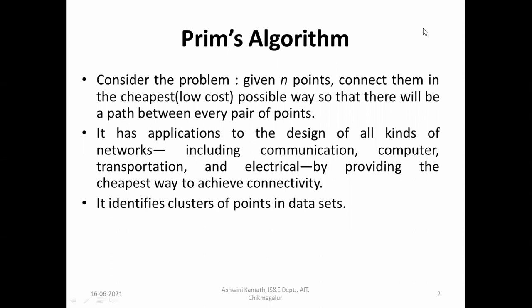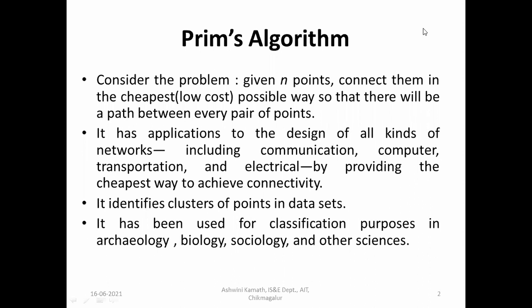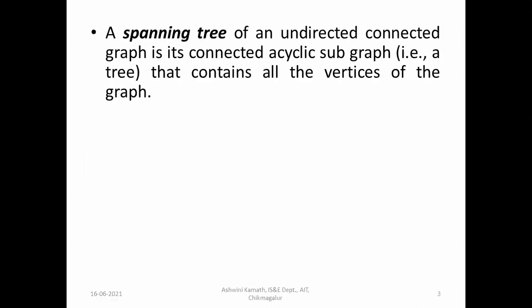Clusters means a collection of points, and the points in a single cluster will have the shortest distance between each other. So to identify clusters, we can use Prim's algorithm. It has been used for classification purposes in archaeology, biology, sociology, and other sciences.